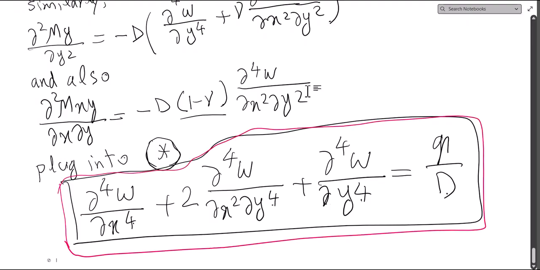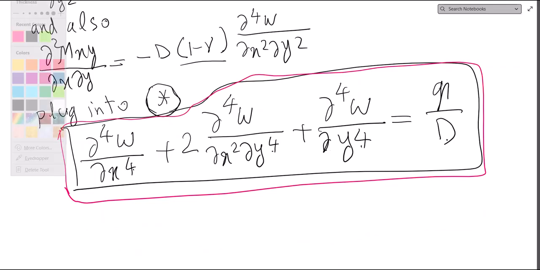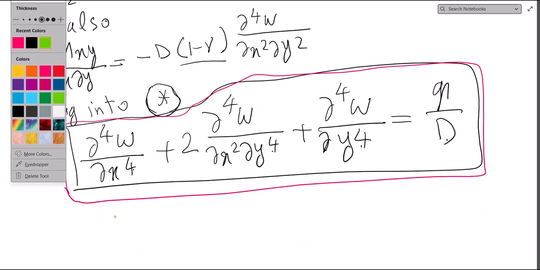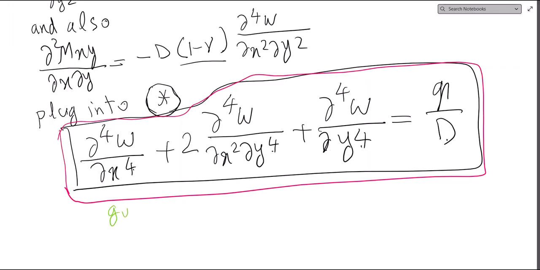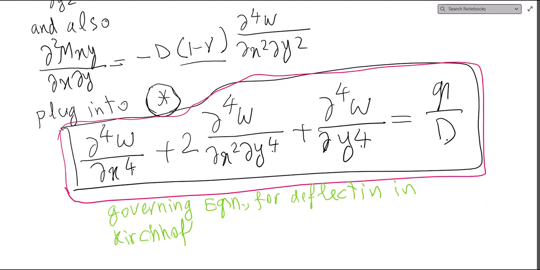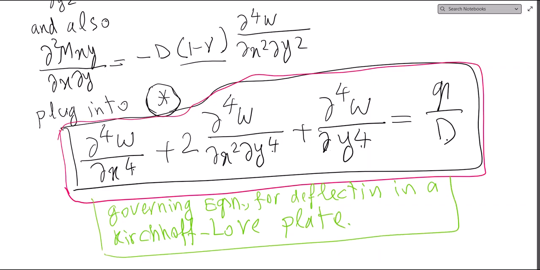Let's caption it: this is the governing equation for deflection in a Kirchhoff-Love plate, I mean, according to their theory.